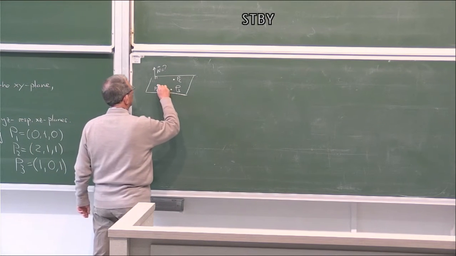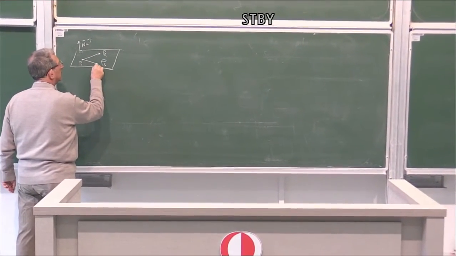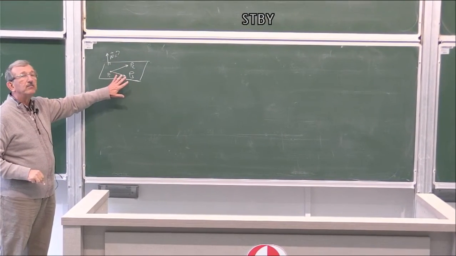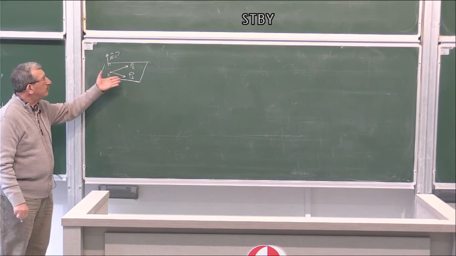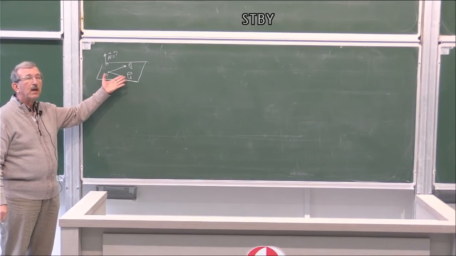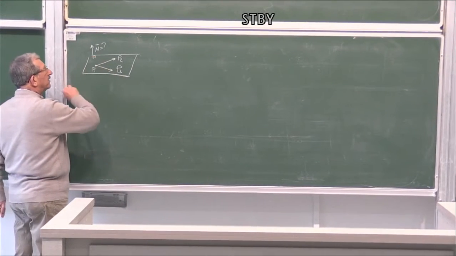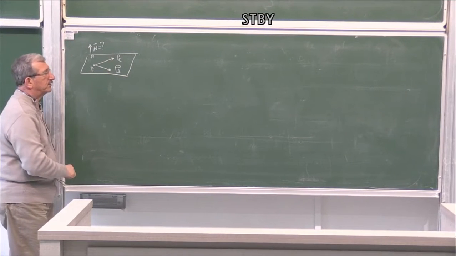For example, we can look at these vectors. Both of these vectors would be on the plane, because the endpoints are on the plane. At any rate, they will be parallel to the plane. So we want a vector which is perpendicular to both of these vectors.